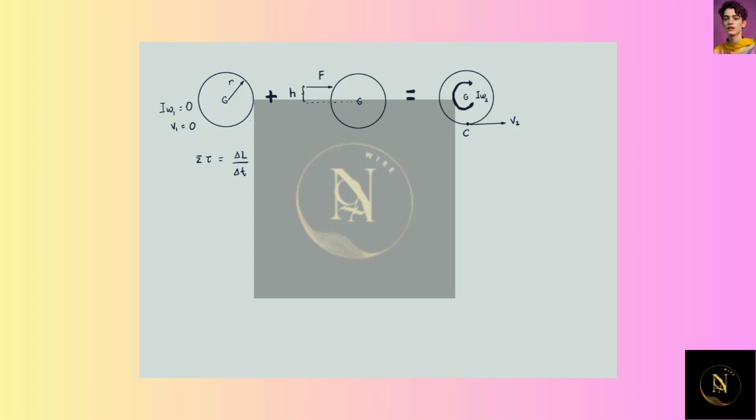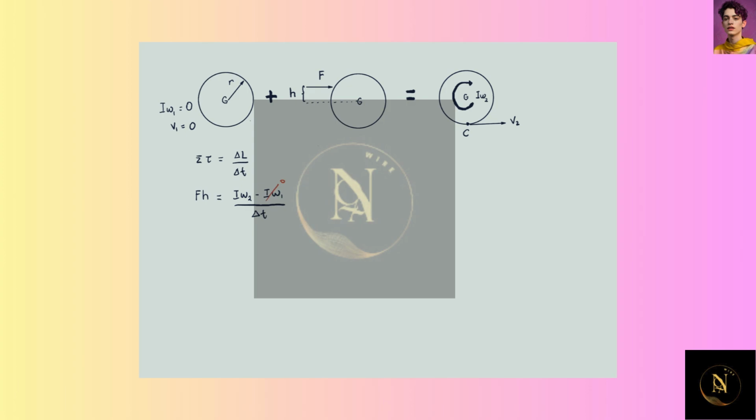Substituting the equations for torque and angular momentum, as we know, torque is force times the lever arm. In our case, that would be F h, which equals the change in angular momentum, I omega 2 minus I omega 1, over delta t. And since the ball is initially at rest, I omega 1 becomes 0.